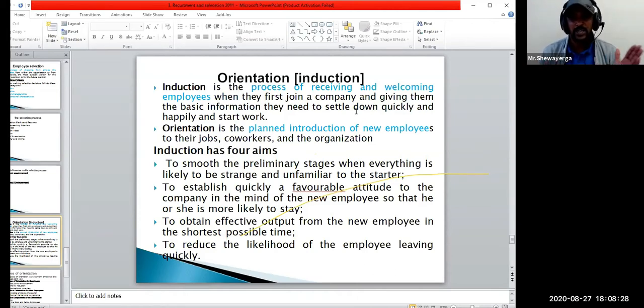If we are talking about specific issues about his or her job, duty, responsibility, activities or tasks, that is known as orientation. So orientation is a planned introduction of new employees to their jobs, co-workers, and organization. So induction comes first, then orientation.